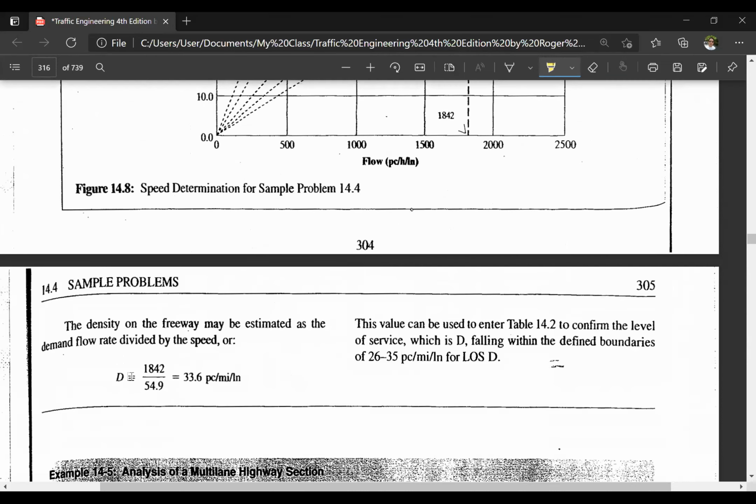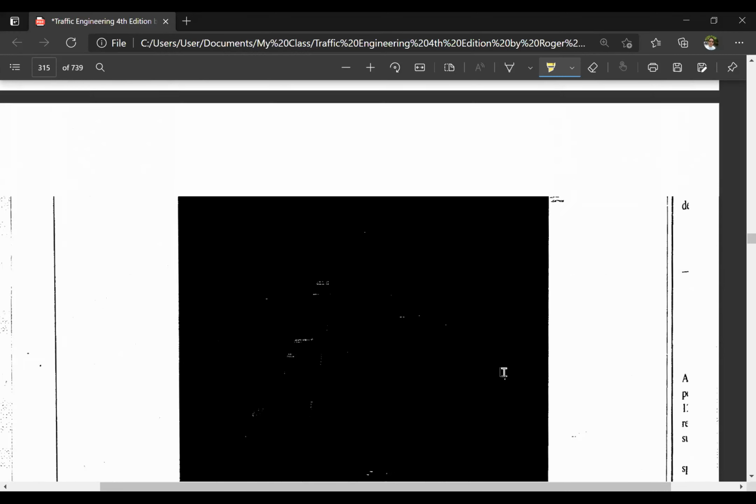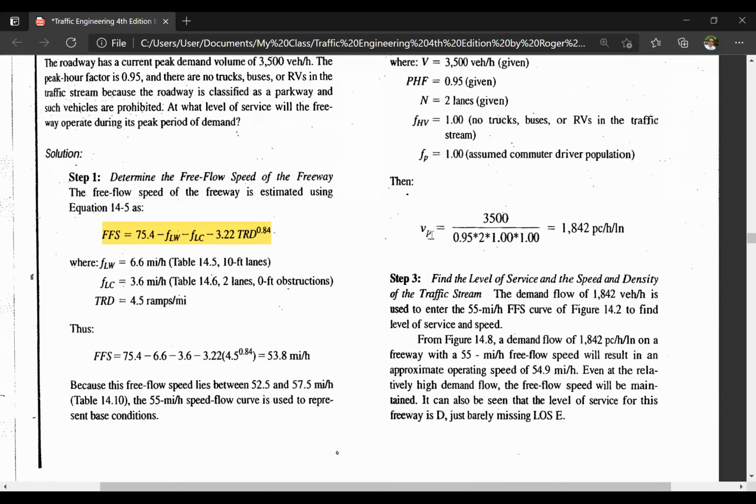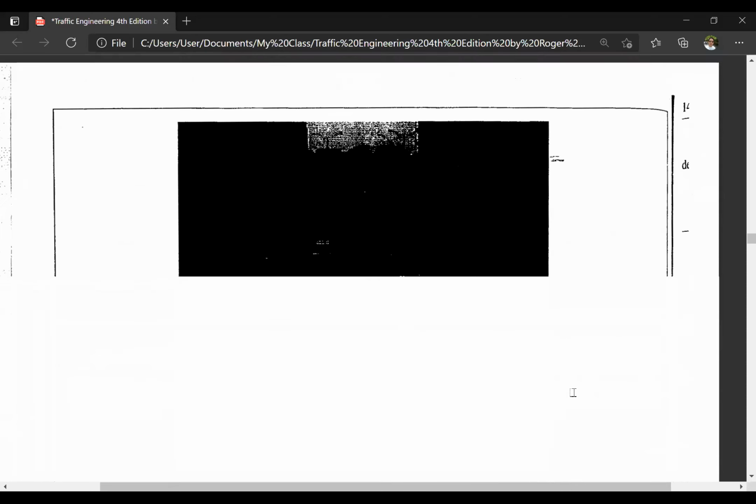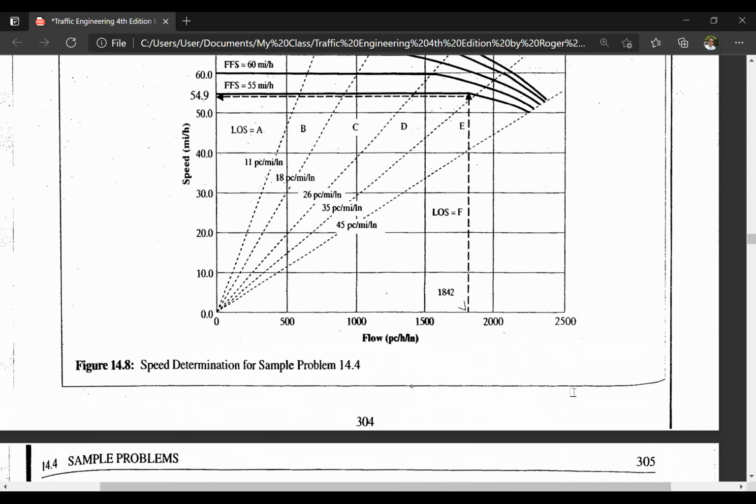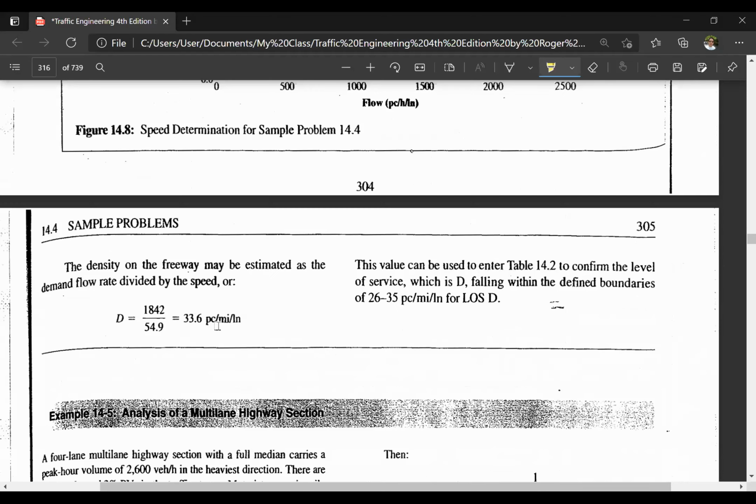Density can be identified here. You know the speed. You divide the volume by the speed to define the density.